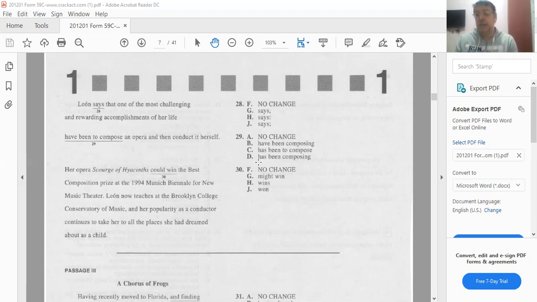Try to time yourself so you know exactly what time limits you have in answering the questions. And also don't leave any question unanswered. Even if you don't know some of the questions, try to use the process of elimination, or even if that doesn't work, try to guess, but don't leave any question unanswered.